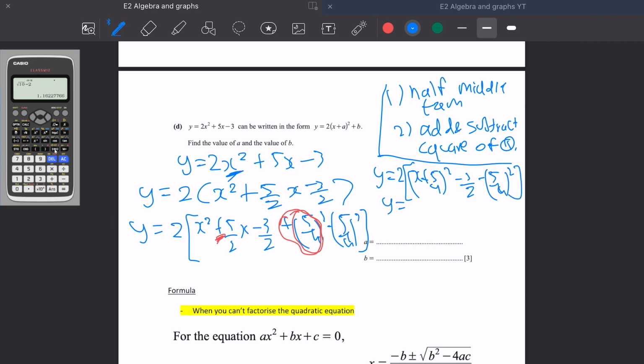Your final answer would be 2 into x plus 5 by 4 square and minus 49 by 8. So a is 5 by 4 and this is minus 49 by 8. So always make sure what's the sign here and this value, not the square value, the one that's inside.